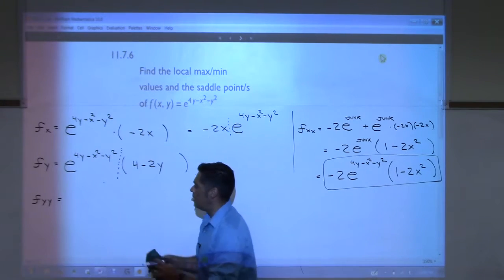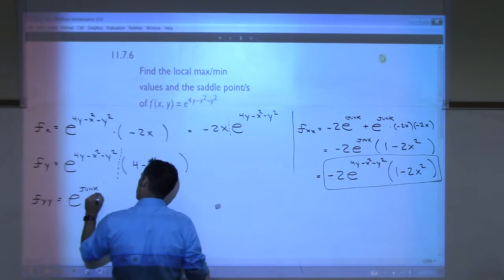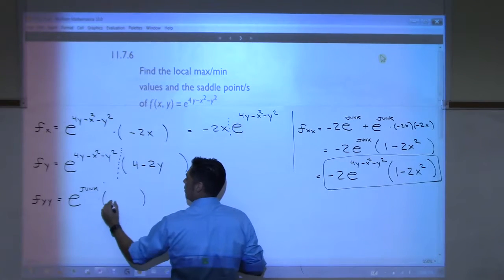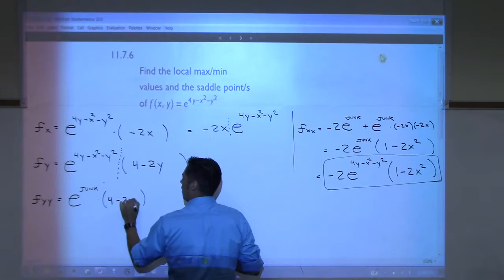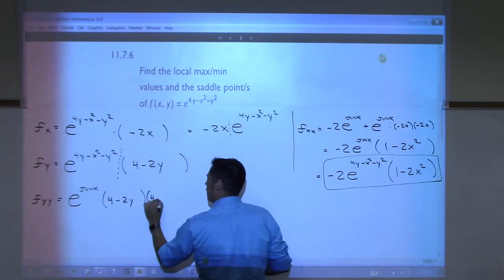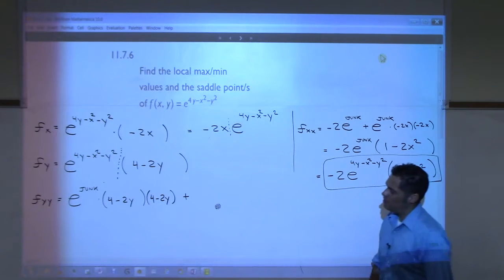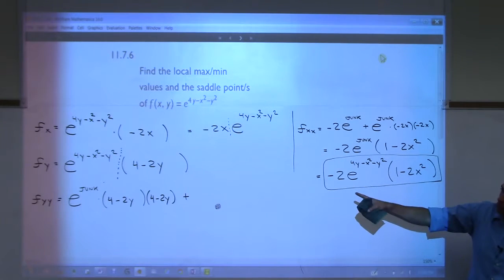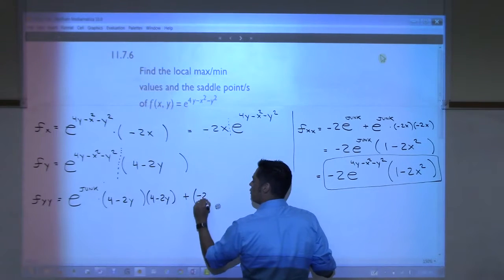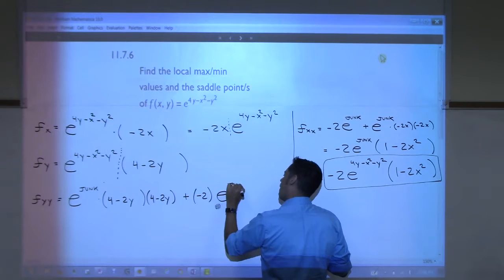The derivative of that is itself, e to the junk, times the derivative of what's up top with respect to y, 4 minus 2y, but then times 4 minus 2y again, and then plus. So that was my first part. Now, the derivative of the second one is just negative 2, and then times the first part, e to the junk.